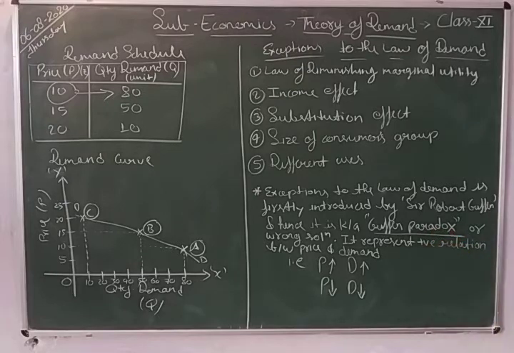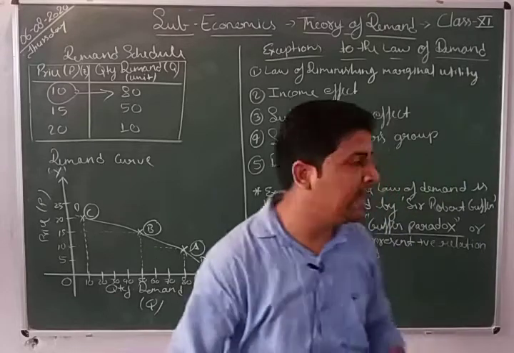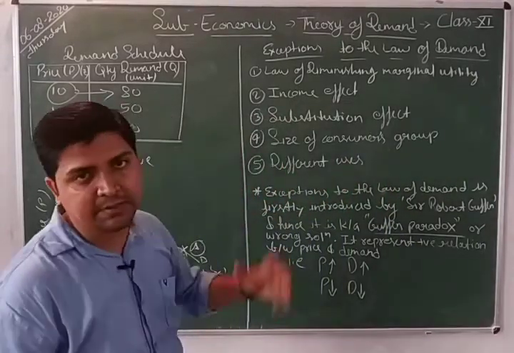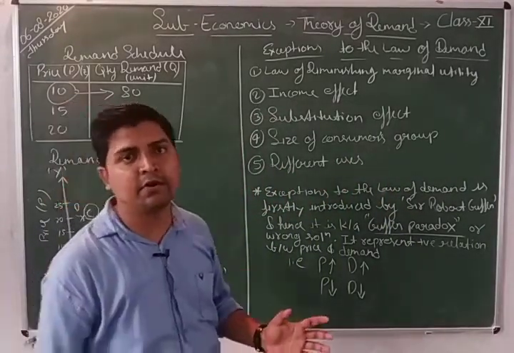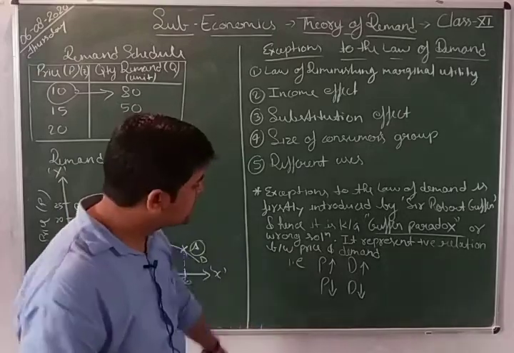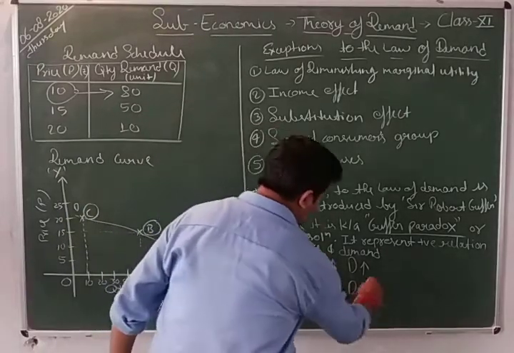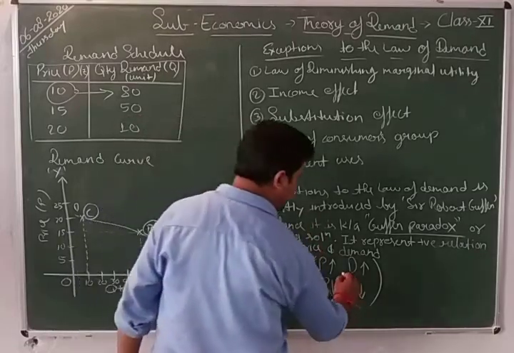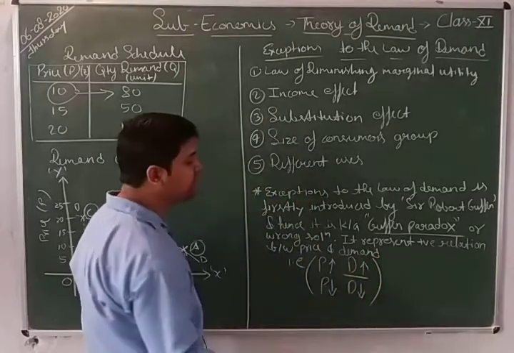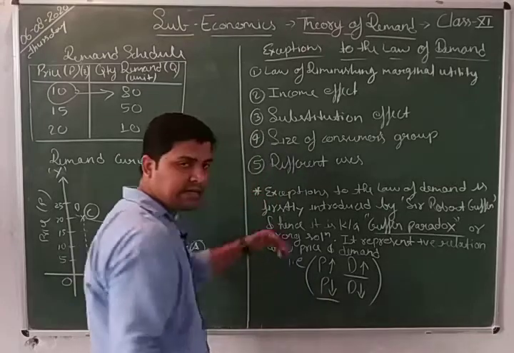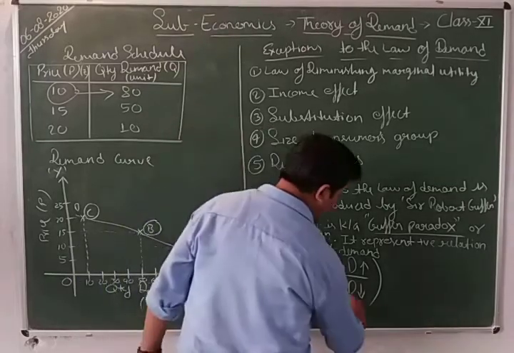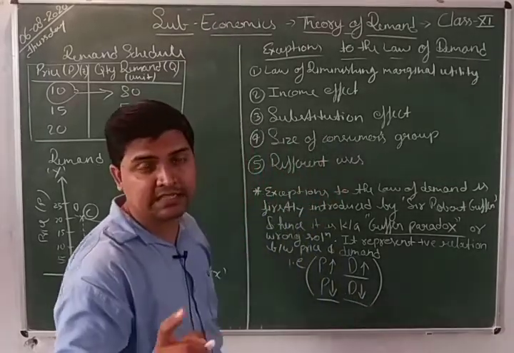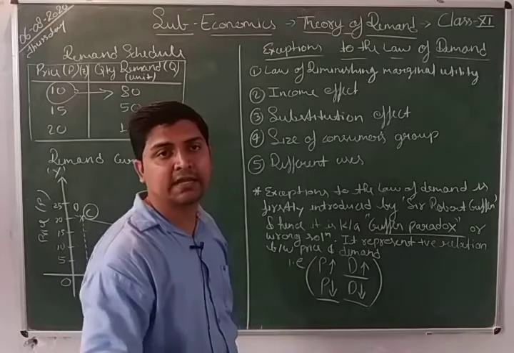Giffen paradox. And in Giffen paradox, we came to know that there is a positive relation between the price of a commodity and its demand. With this figure, we will see that if the price of a commodity increases, then its demand also increases, and if the price decreases, then its demand also decreases. Means there is a positive relation between price and demand.